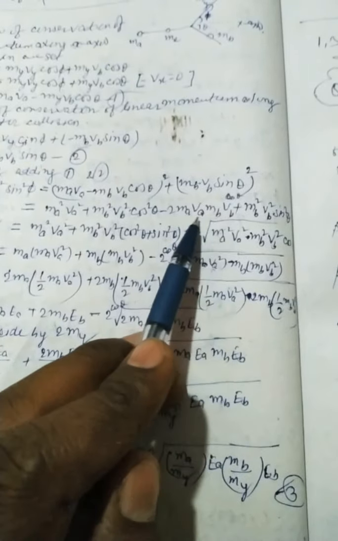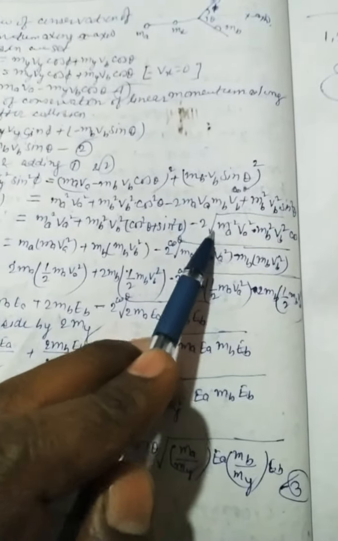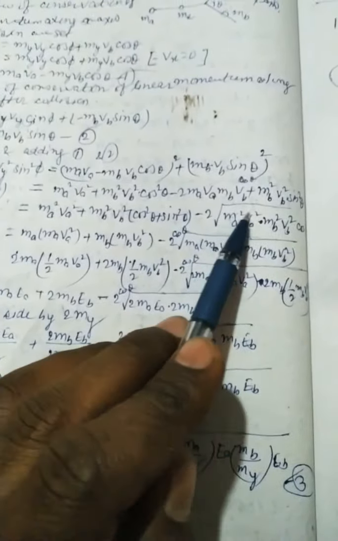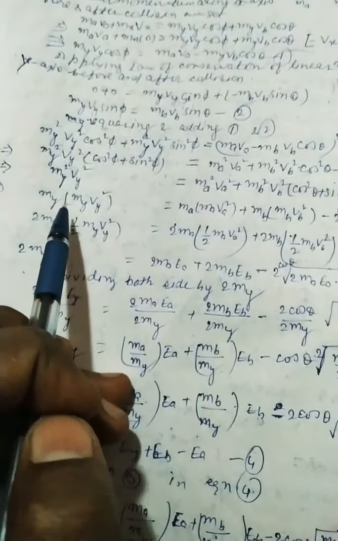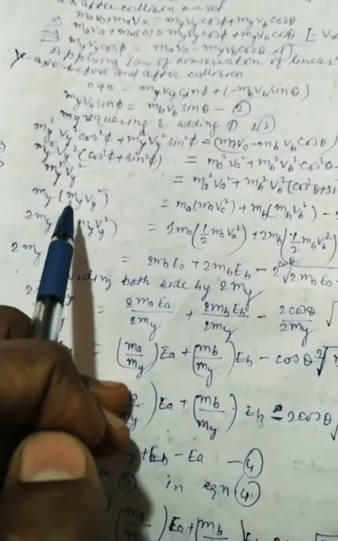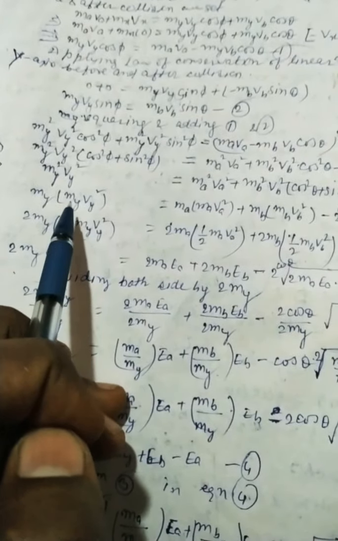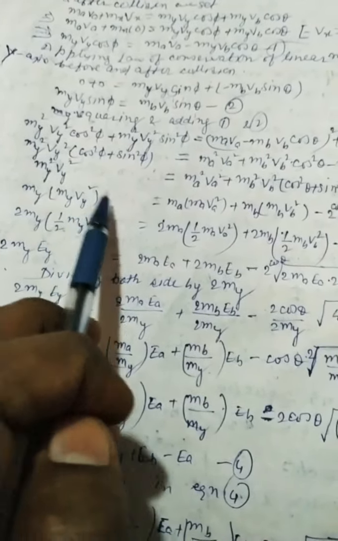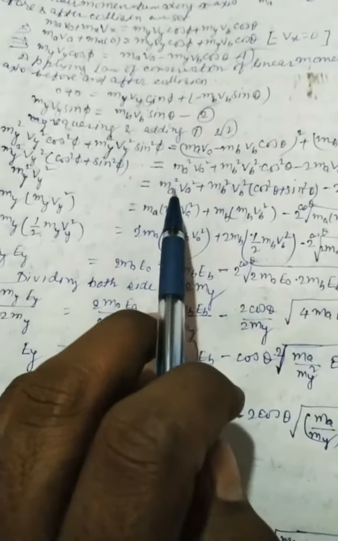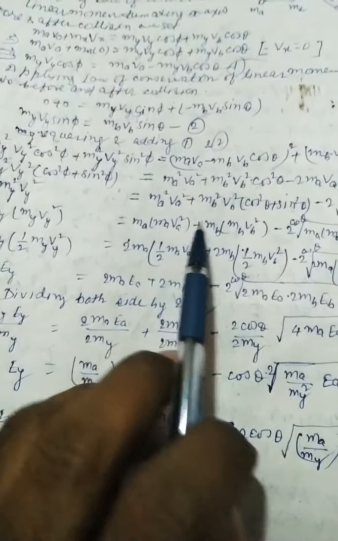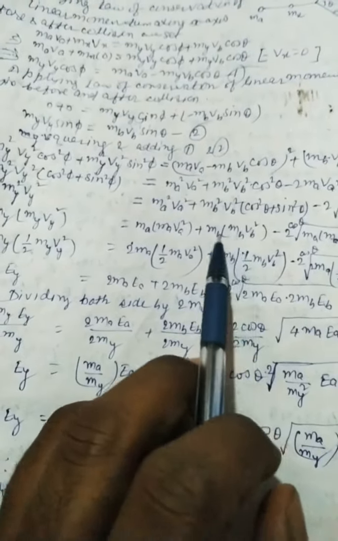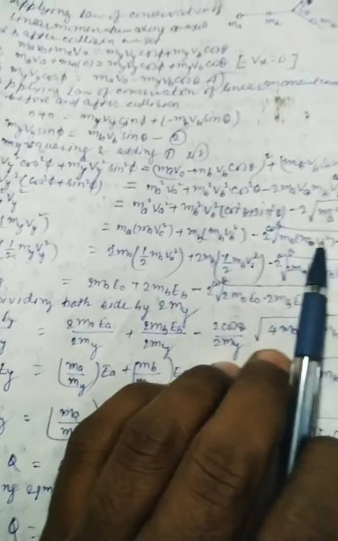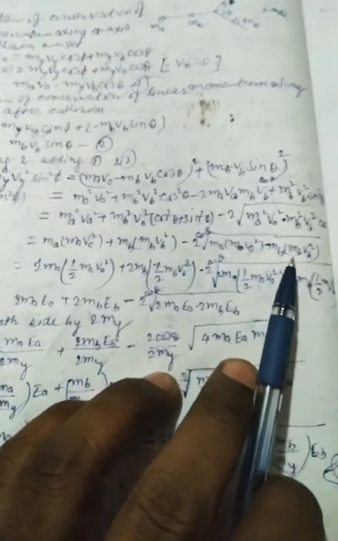We take the square root and square it. Next, we take MY common, and likewise MA common, giving MA VA square, and MB VB square and 2 cos theta.